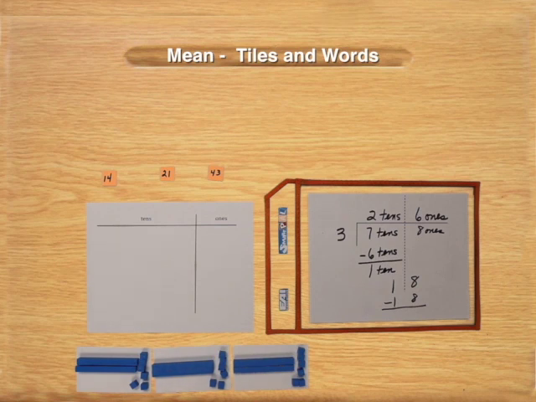Each box is going to have 26. The answer is not 26, because 26 would just be one of these. The answer is that each box has 26: 2 tens and 6 ones, or 26.